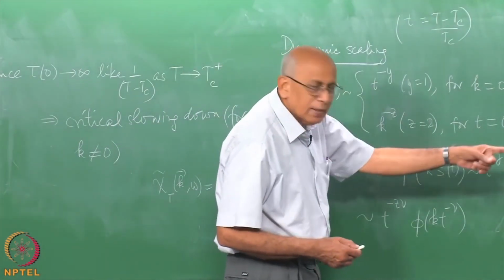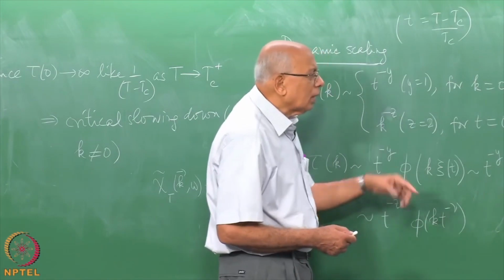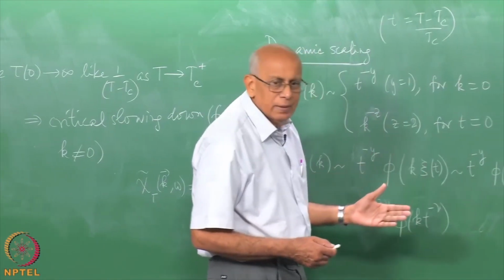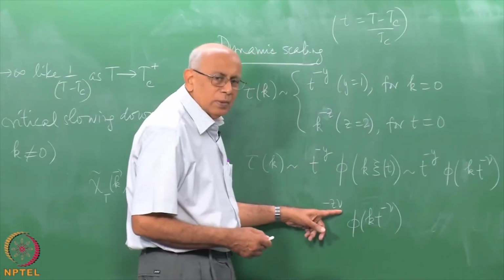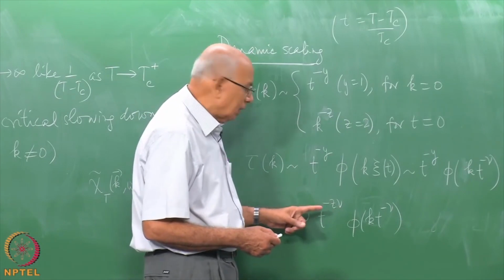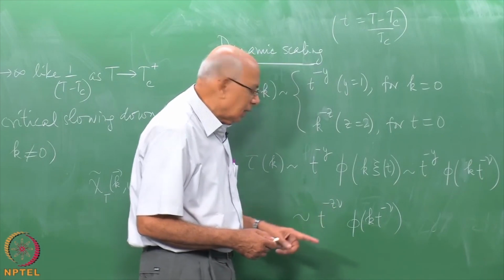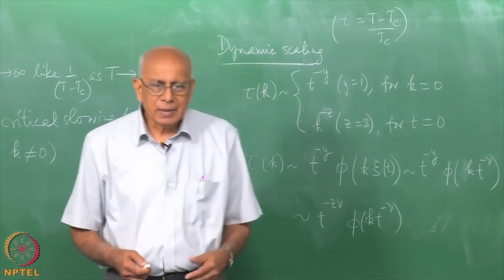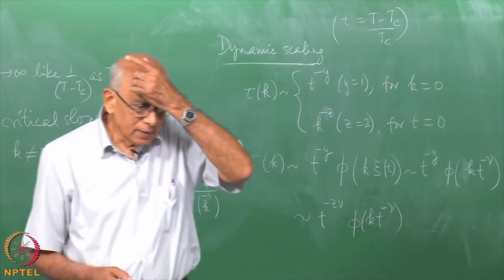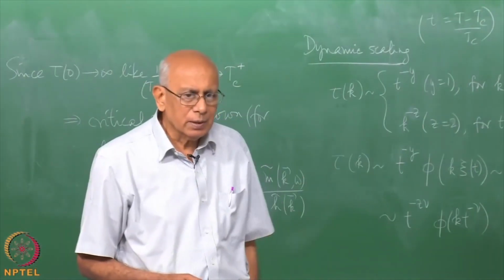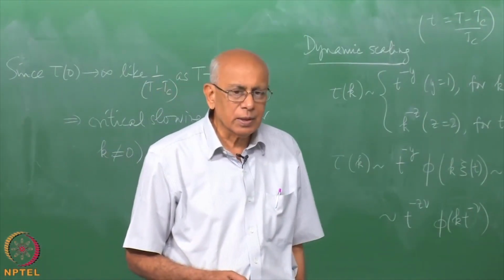Once you have a relation like that, we got rid of the intermediate thing y, and we already know nu, and the time behavior is given. This will tell you what the dynamics is. Is it true for all dynamics? With suitable modifications, with suitable definitions of z, etc.